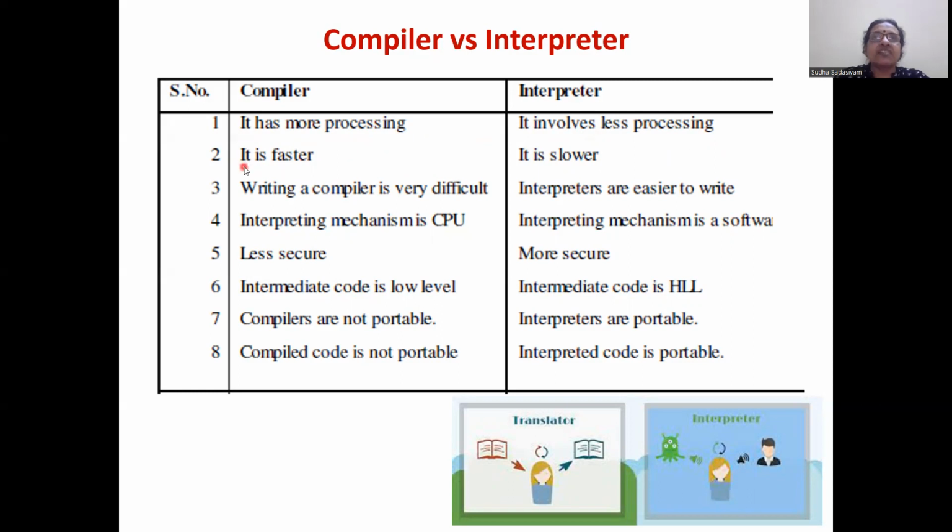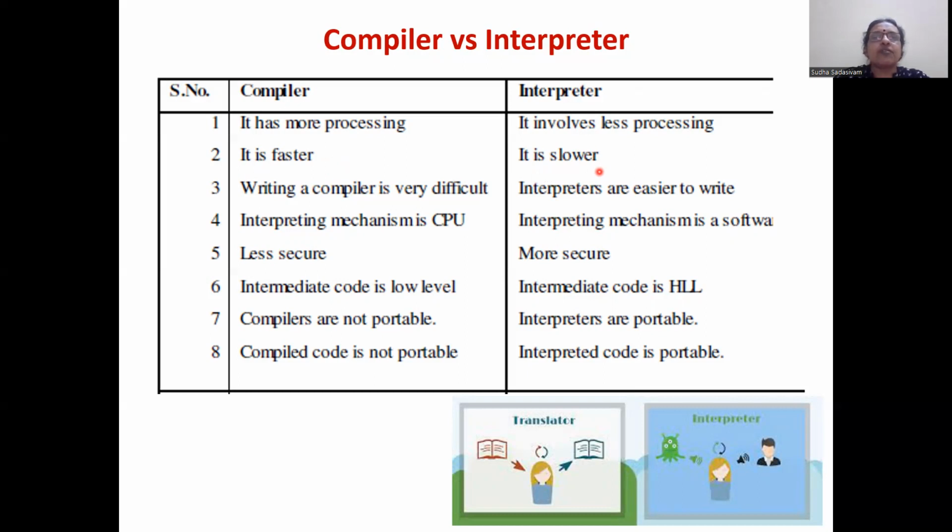A compiler generates an exe code, and therefore for an input given to the exe code, the output can be generated quickly. So a compiler is fast, whereas an interpreter is slow, because an interpreter tries to generate the output from the syntax tree that has been generated from the intermediate code.